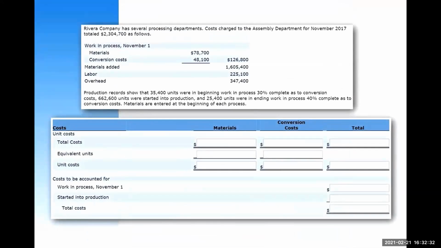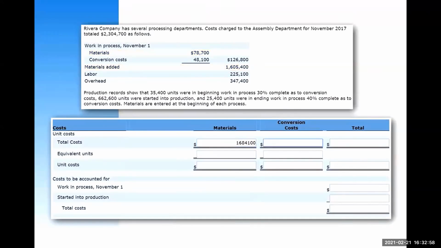The next part of the schedule requires a calculation of unit costs, which we did in an earlier part of this problem. Recall that in determining the total cost for the materials, we added the cost of the materials in the beginning work in process plus costs incurred during the month, and that was $1,684,100.